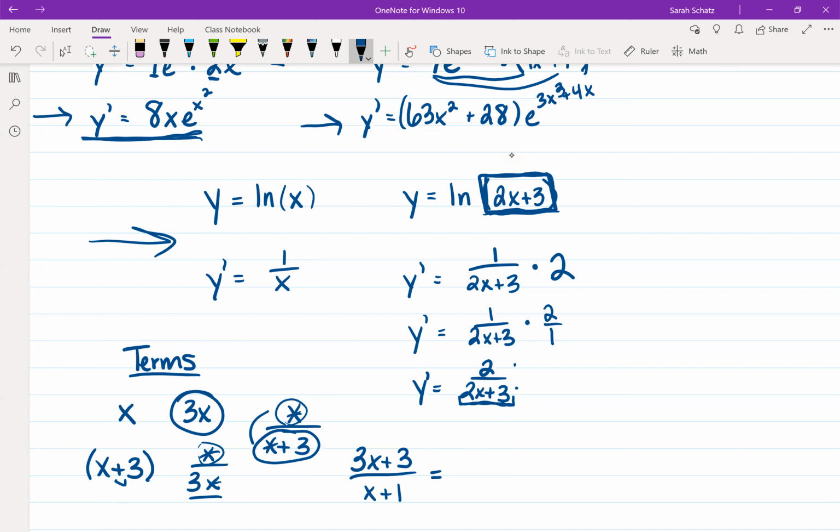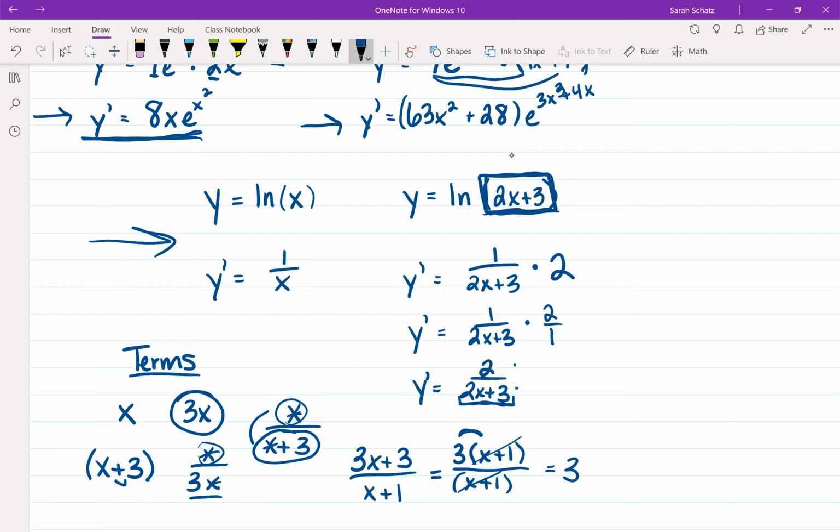So that 3x plus 3, what if I factored a 3 out? Could I now cancel out the x plus 1 terms? Yeah. Notice I could take the x plus 1 away because this 3 and this x plus 1 were just multiplied.